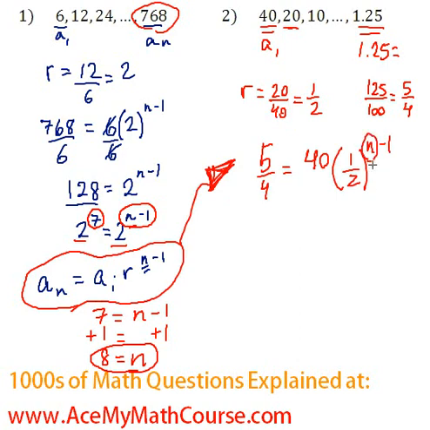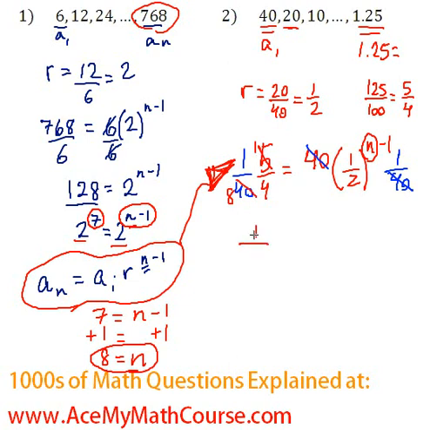And we want to solve for n. Okay, so now what I can do is multiply both sides by 1 over 40. That way I can cancel these out. And over here, 5 over 40, I can just divide top and bottom by 5. So I get 1 over 8.